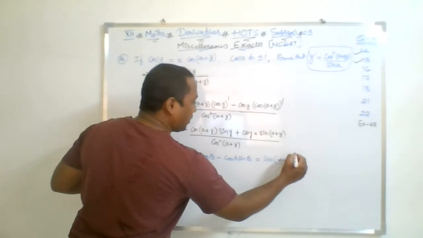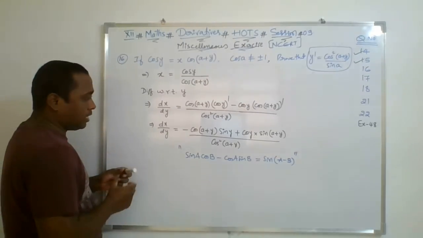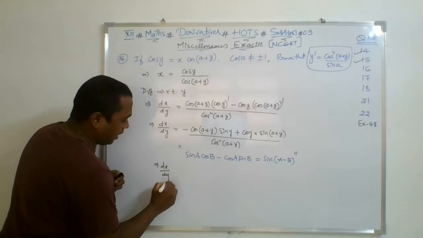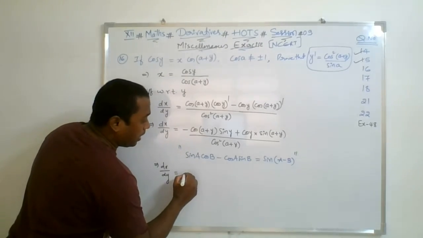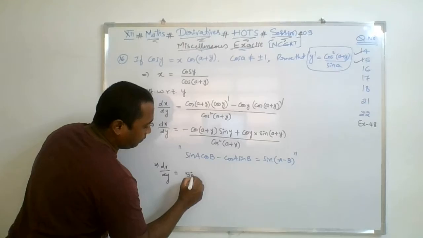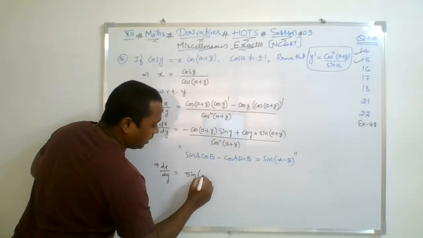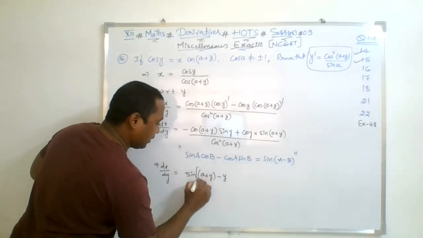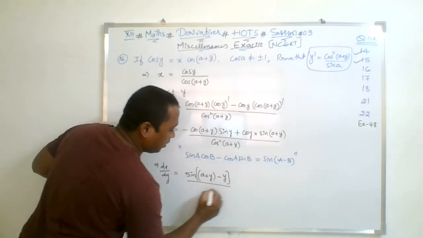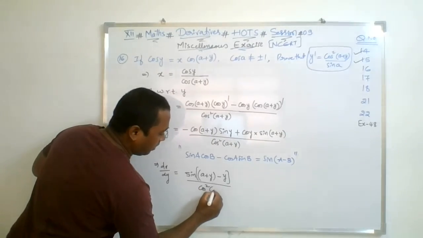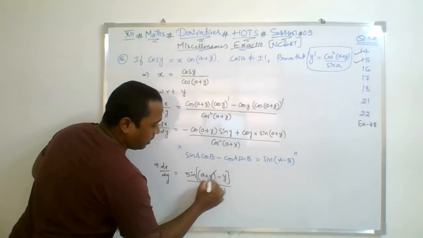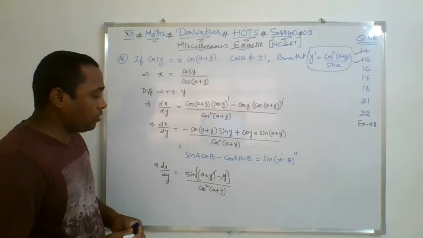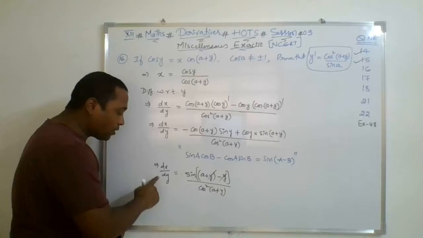So by using this identity, I can simply write the numerator as sin of (a plus y minus y). I have just applied the identity in the numerator, and the denominator is as it is. Plus y minus y gets cancelled. We are getting sin a by cos square of (a plus y) as dx by dy.